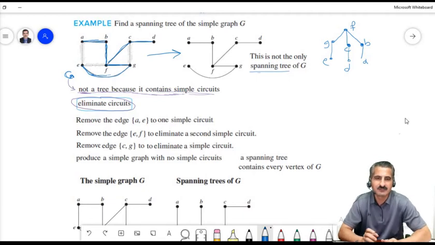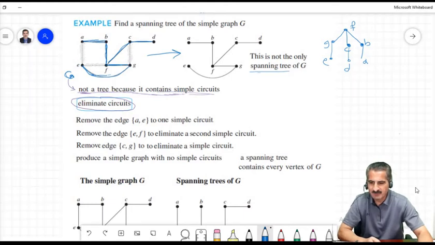We know a tree is a simple graph that has no circuits, and no loops. A simple graph implies no loops. Now this is what we have done.